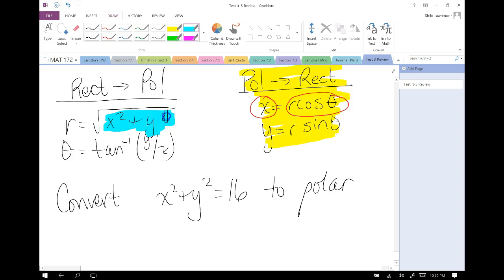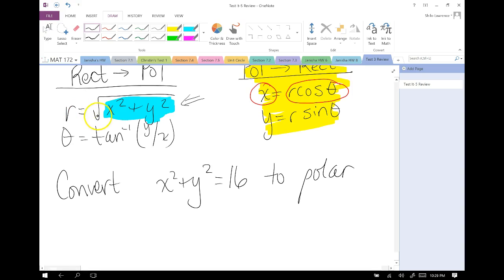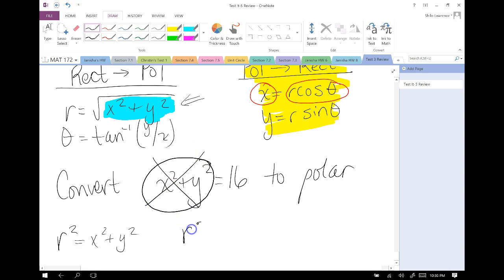I could replace that entire chunk if I could just get rid of that square root. Think about what you would do in algebra to get rid of a square root. We would square both sides. So I'm going to adjust that a little bit so that I can use it in this problem. If r is the square root of x squared plus y squared, that means r squared is equal to x squared plus y squared. So this entire chunk right here can get replaced with r squared.